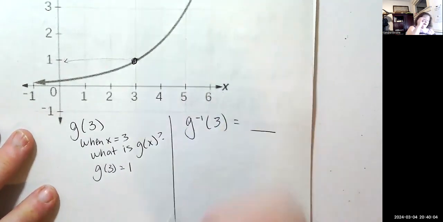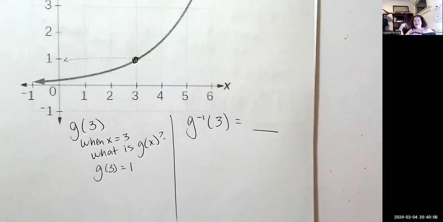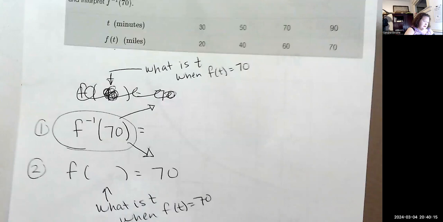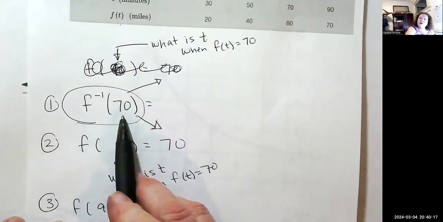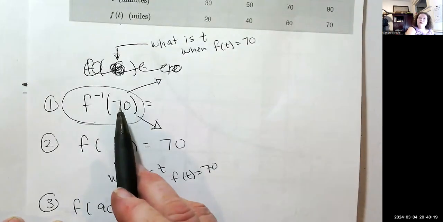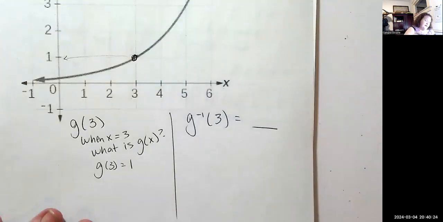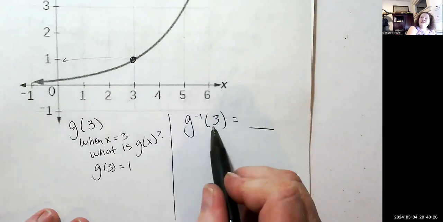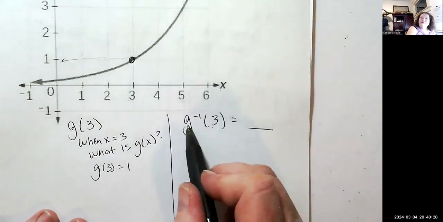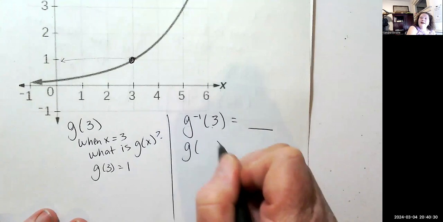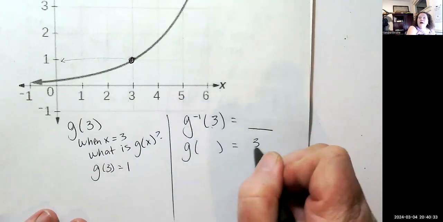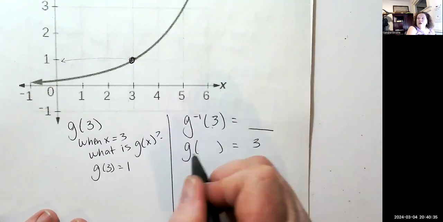Well, again, I'm going to do this one just like I did the one before, where I said, if I know what the inverse of it is, and that's my domain of the inverse, it's got to be my range of my f. So over here, if this is in my domain for my inverse, I know that it's going to be in my range for my g.